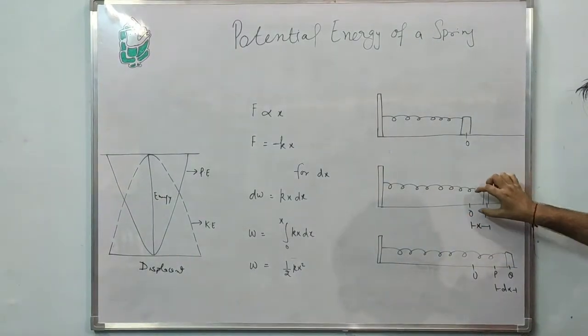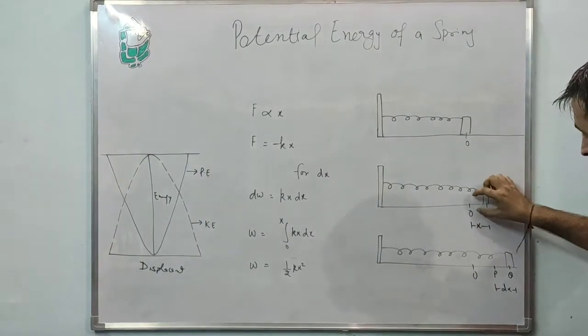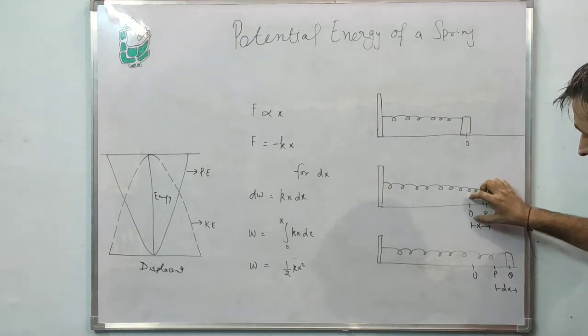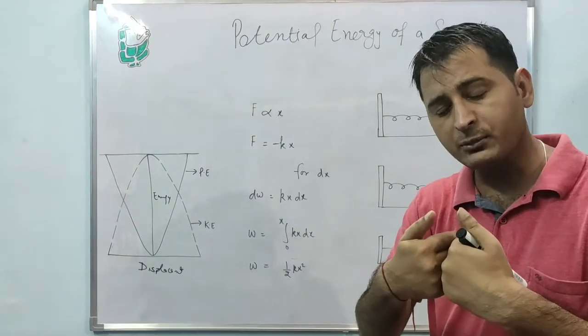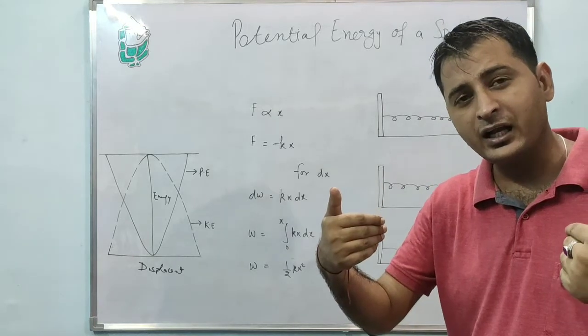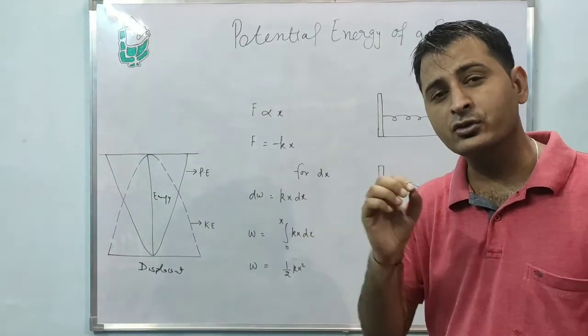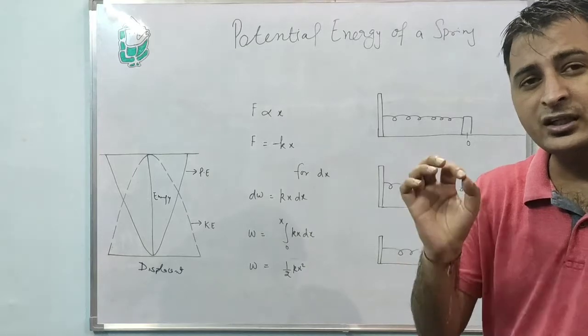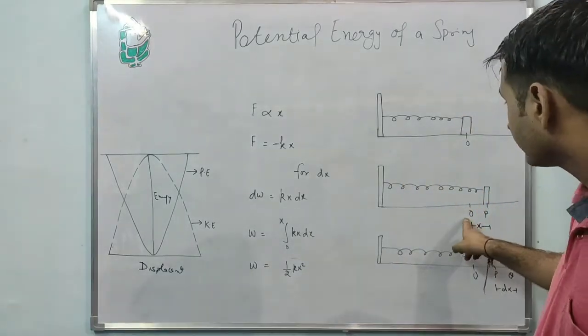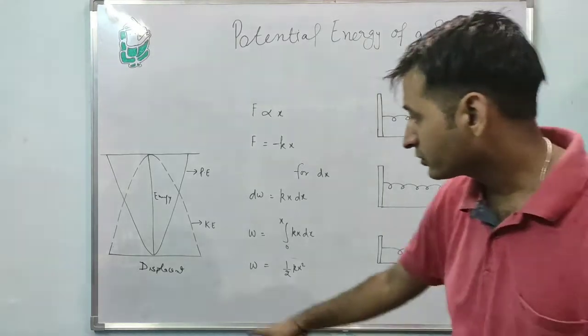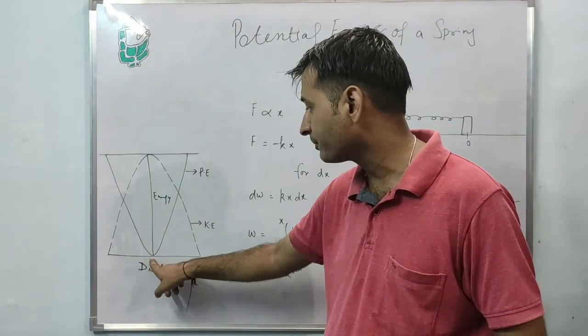When the block crosses the point O, the spring is neither compressed nor elongated. That means the spring is in its original position, so the potential energy of the spring will be zero at point O, which is highlighted like this.